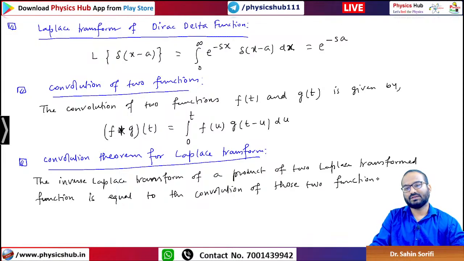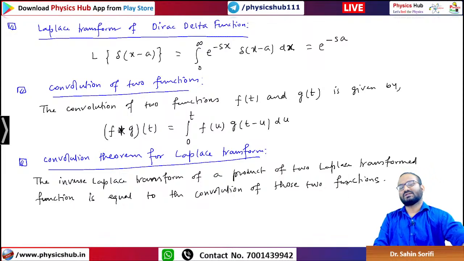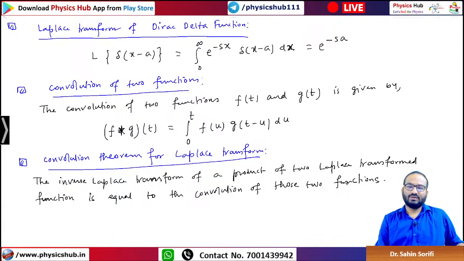The convolution theorem for the Fourier transform is important, but this convolution theorem for the Laplace transform is more important. The inverse Laplace transform of a product of two Laplace transform functions is equal to the convolution of those two functions.